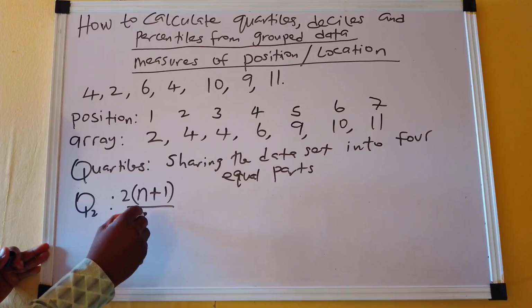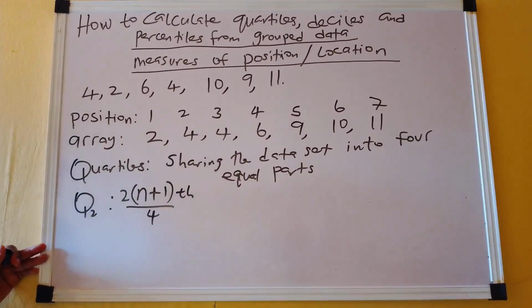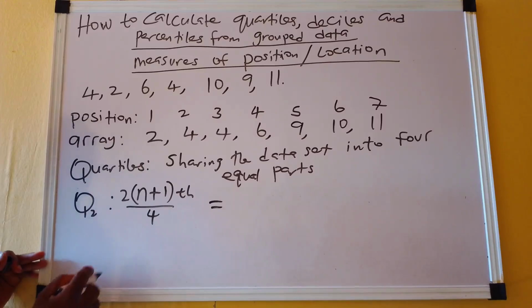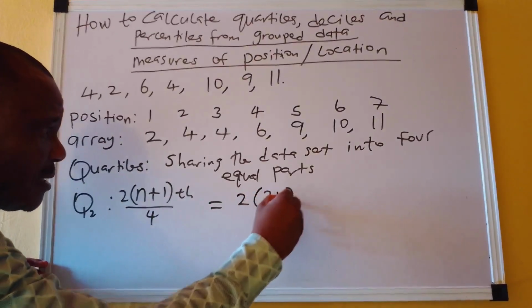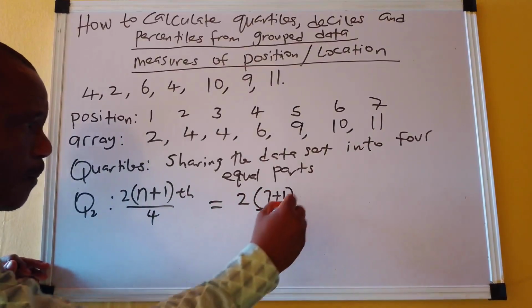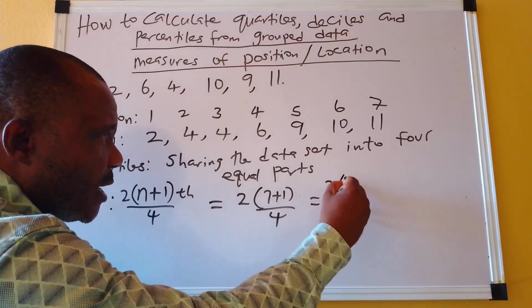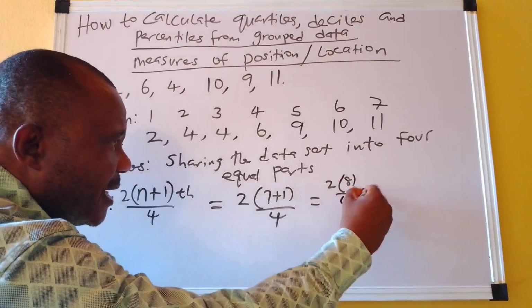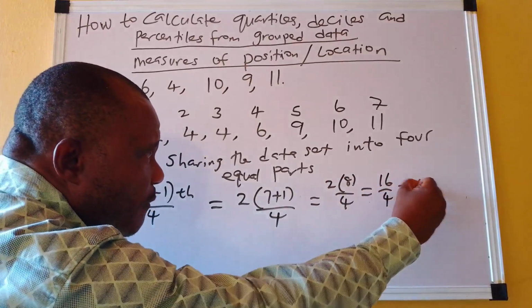The item in that position will form the second quartile. That is 2 into 7 plus 1 all over 4, so 2 into 8 all over 4, which is 16 over 4, equal to 4.